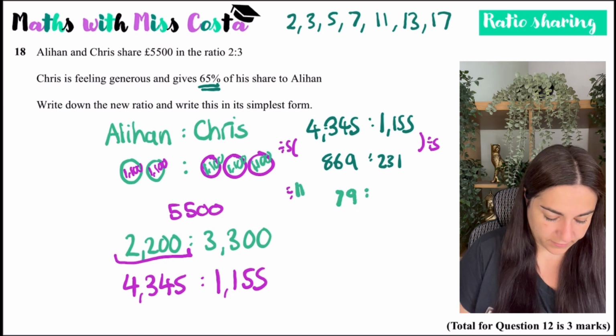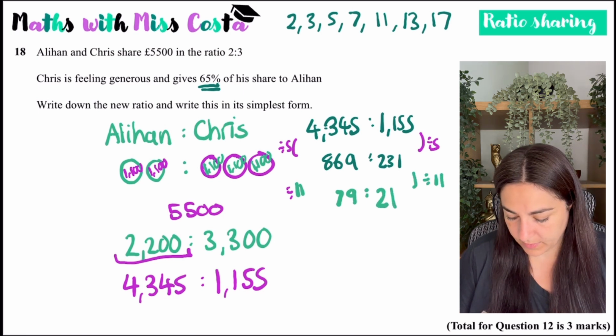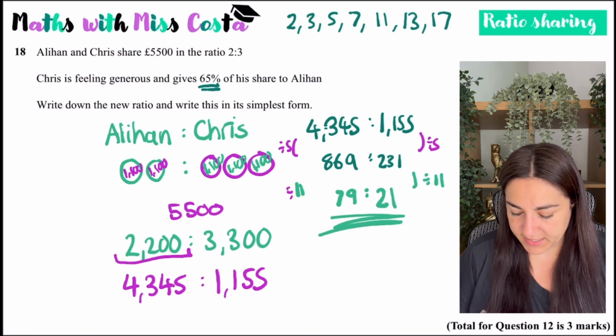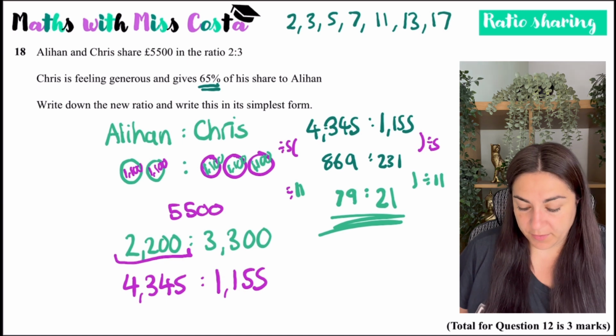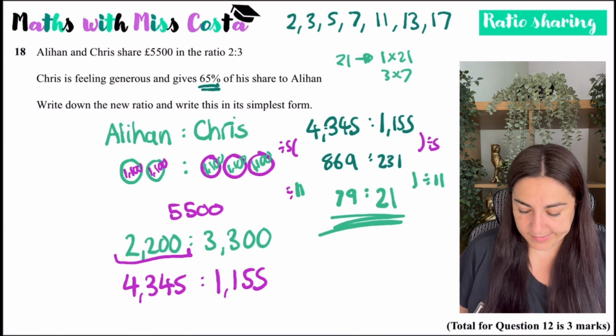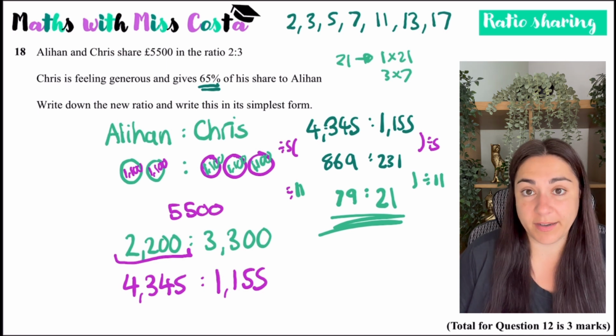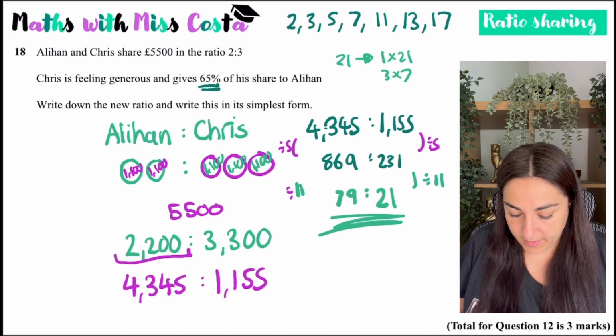And 231 divided by 11. Does that work? Yes, it gives 21. So 79 to 21. I know that the factors of 21 are 1 times 21 and 3 times 7. So if 79 doesn't divide by 21, which it doesn't, if 79 doesn't divide by 7, and if 79 doesn't divide by 3, I know that I've simplified it fully.